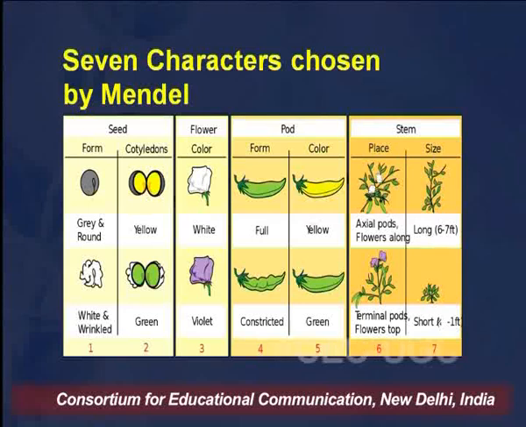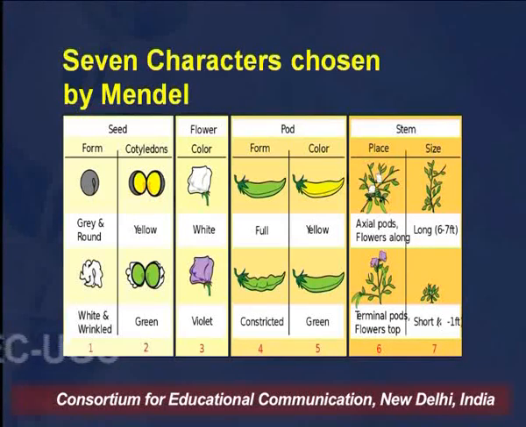He selected 7 characters, ranging from seed shape, seed color, the color of the flower, the nature and shape of the fruit, the color of the fruit, the position of the flower on the axis, and so on.